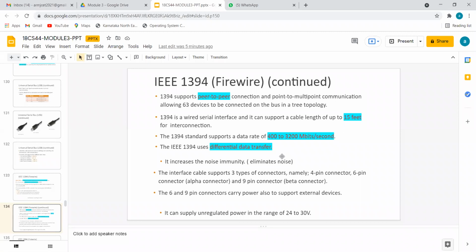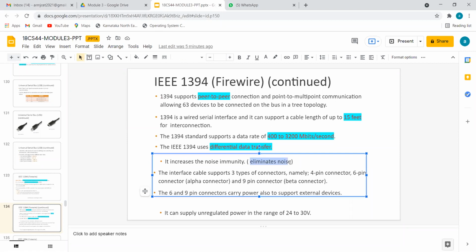If the data is less than LTP, it is called minus. So with respect to some standard, it will check whether it is more or less. That is called differential data transfer. And very, very important, IEEE tried to eliminate the noise. That means unwanted data will be removed from the system.